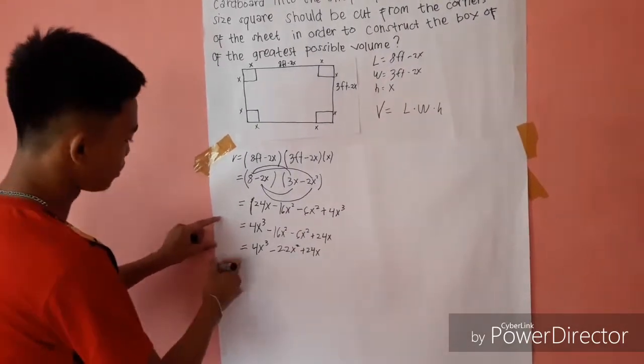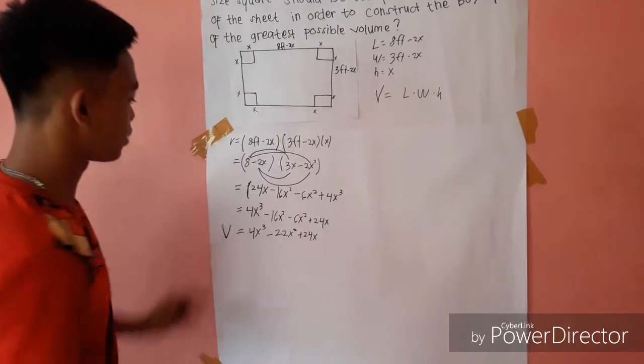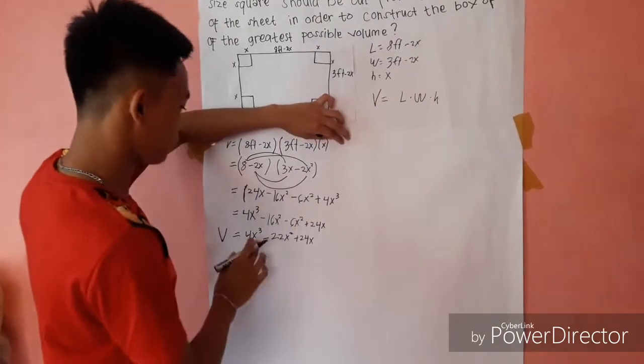We have our model here for the volume. Next step, we're gonna derive this and equate it to 0.